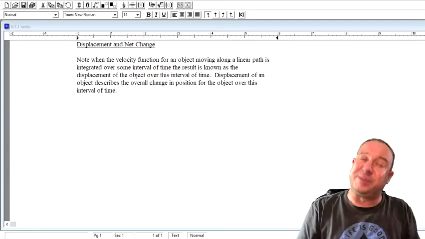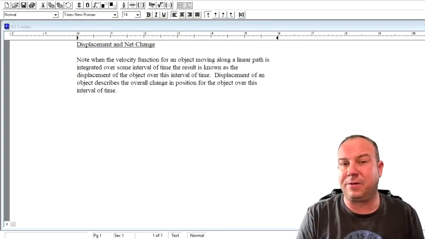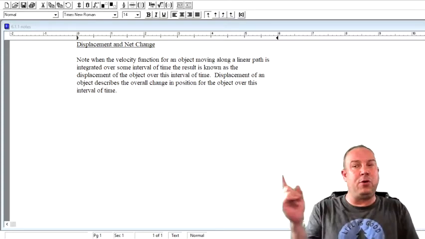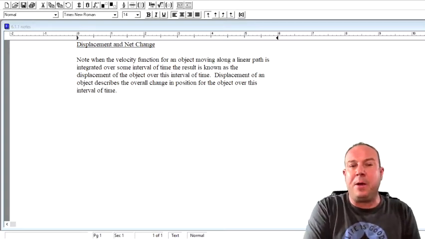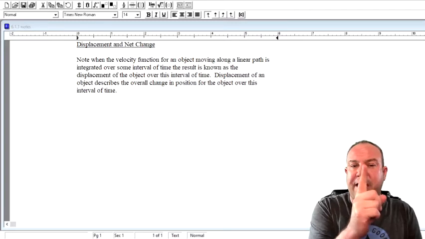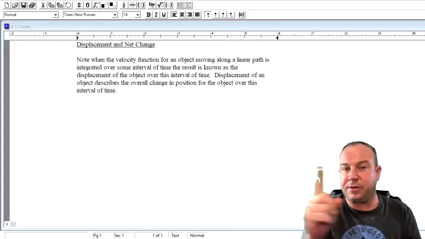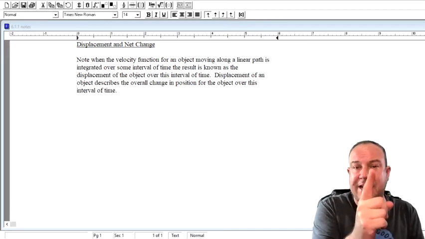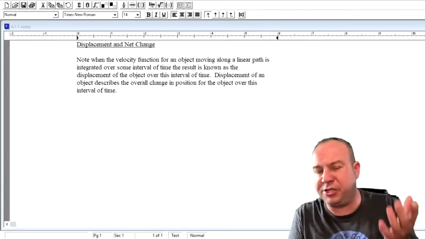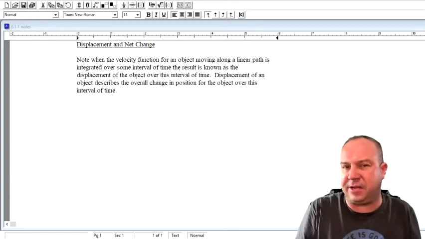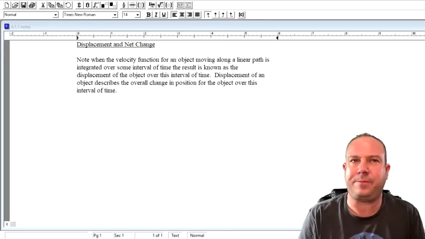And displacement even at times can be 0 in value, where the object is certainly moving along its linear path, but it just so happens that the position from where it starts to where it stops are exactly the same, so there is no change in position over that interval of time, and the displacement would be said to be 0 in value.